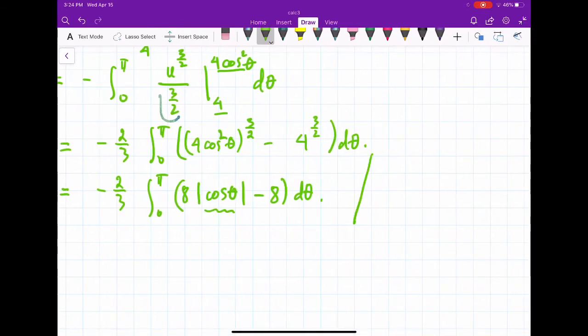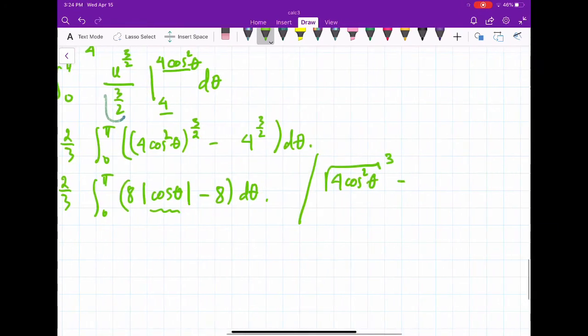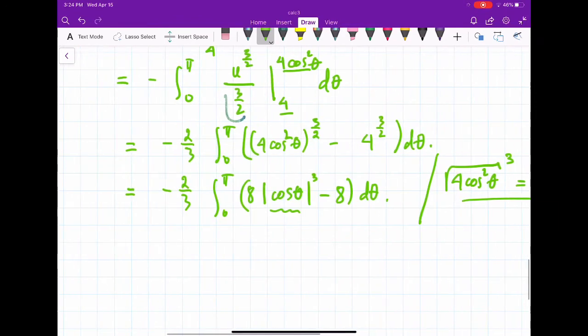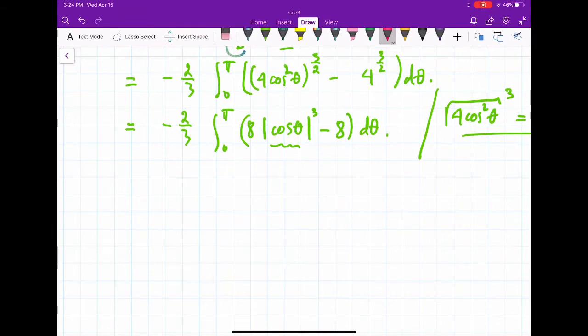Look at this. We have 4 cosine squared theta, square root, and then apply the cube. You have 2 absolute value of cosine theta, and cube. Yes, we have the cube right here. Makes sense? So we need to open this absolute value. But this is a very special case. You have cosine here from 0 to pi, and this function is symmetric with respect to the y-axis.